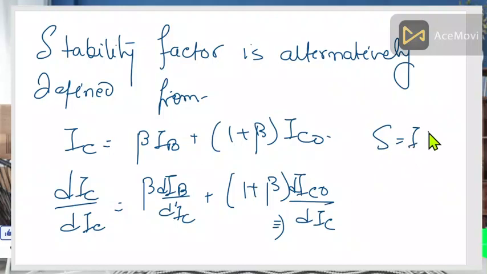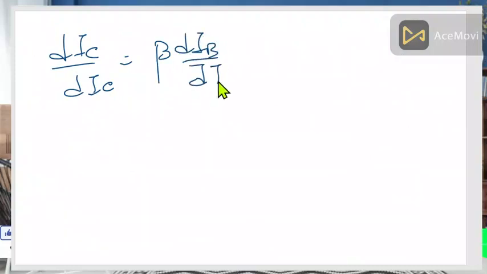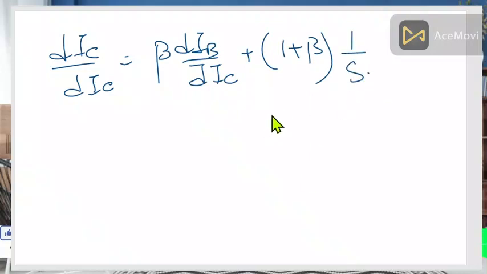So the equation will be 1 equals beta dIB by dIC plus 1 plus beta, times 1 by S, because here you have dICO upon dIC.